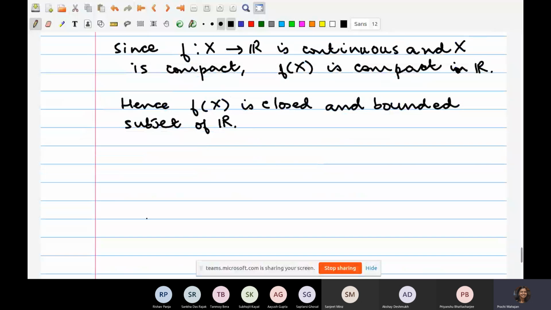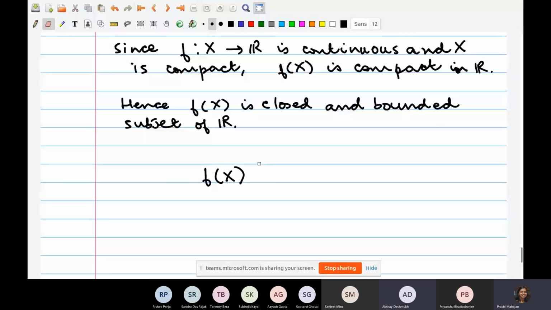I'm looking at the set f(X). This is always non-empty. Now, saying that f(X) is bounded, I have a non-empty bounded subset of R. So the completeness property of R tells me that the supremum and infimum of this set exist. Is that okay?